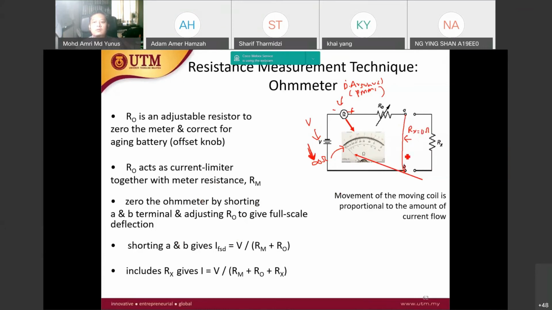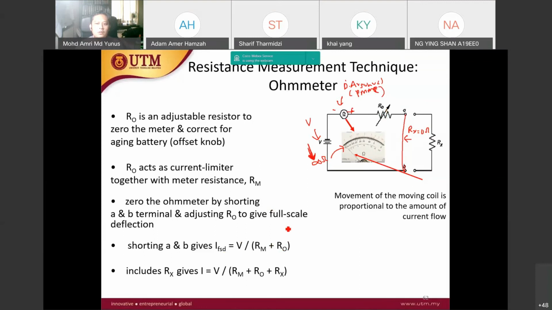Short circuit means there is zero resistance, so it should show a full scale deflection, from this IFSD equivalent to V over Rm plus Ro. Rm is the internal resistance of the PMMC, and Ro is the resistance value of this adjustable resistor.